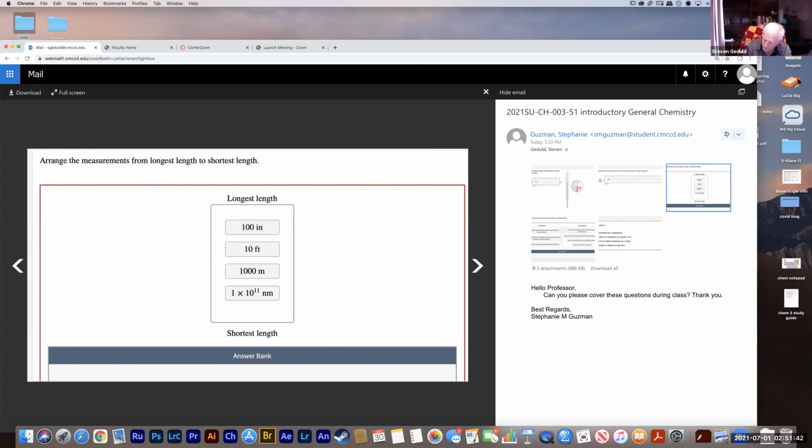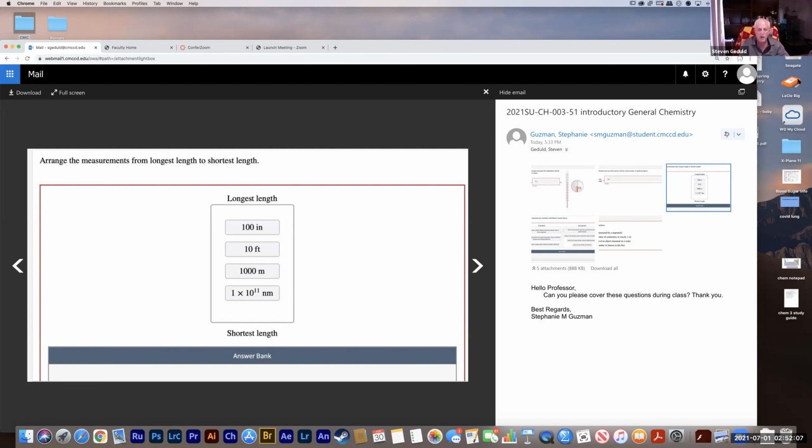Then you got 1,000 meters. And then 10 to the 11th times 10 to the minus 9 is 100 meters. So if you convert all those to meters, 100 inches is 2.54, 10 feet is 3.05, 1,000 meters, and then 100 meters.